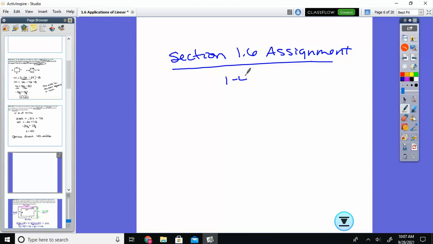For tomorrow, I want 1 through 4 done. So you have the rest of class to work on. If you didn't get that homework done yesterday, and you need to ask some questions, you have time to do that. And then these 4 problems. Make sure you're defining a variable, either telling me X is this or drawing a picture and labeling it.